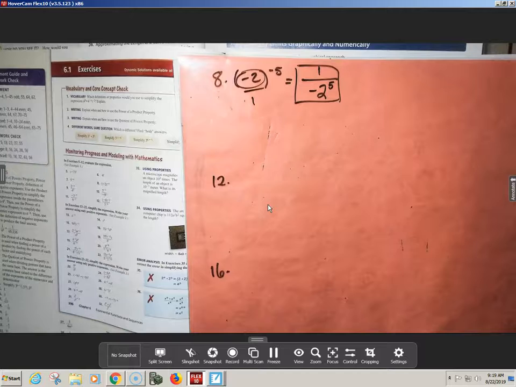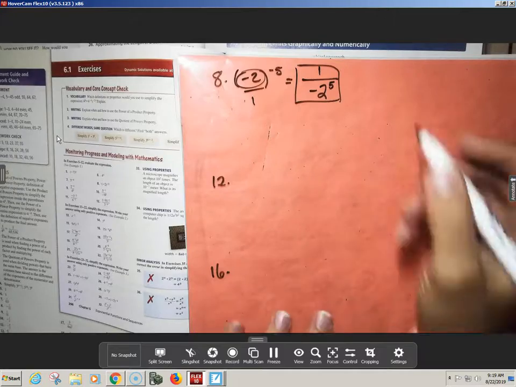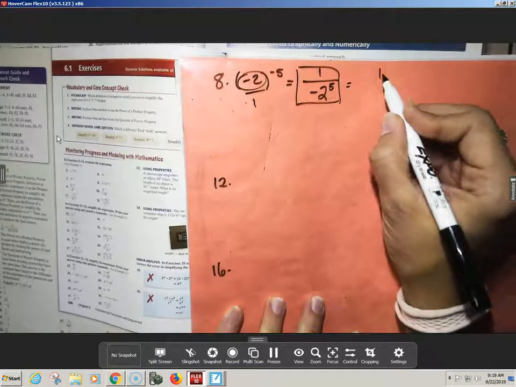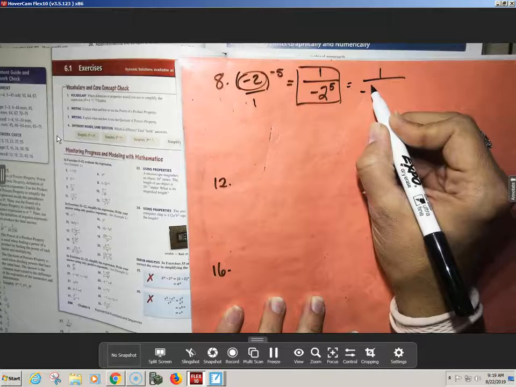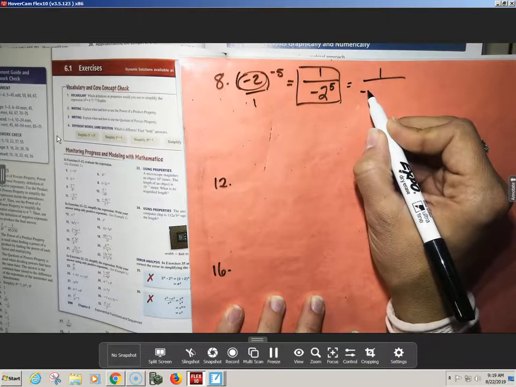But if you look at the answer from the answer key, what did they do? They went one step further. How'd they get 32? They solved it. Yeah, they actually solved it. What they did was, this is 1 over negative, and the negative's on the outside, which is kind of weird. It actually ends up coming all the way out.